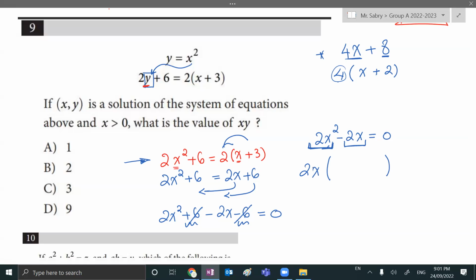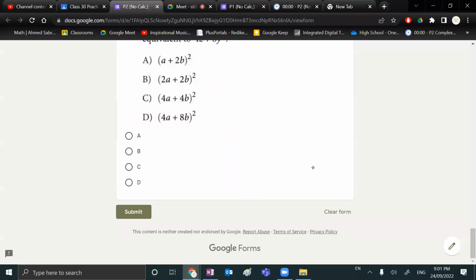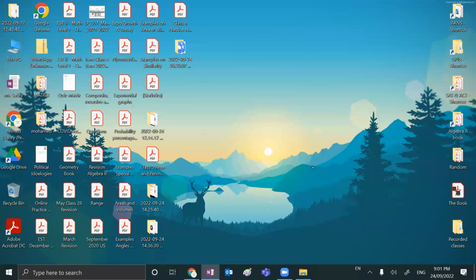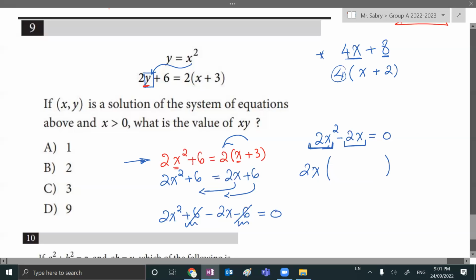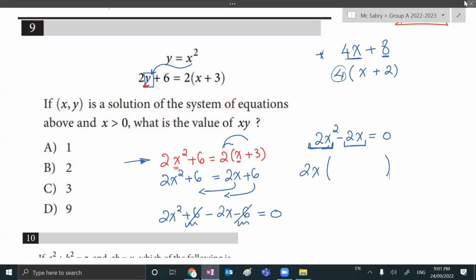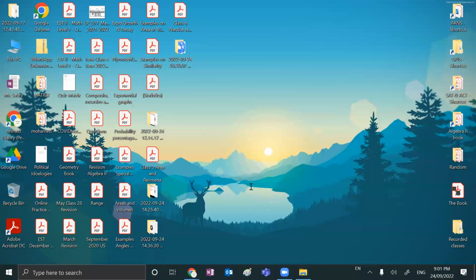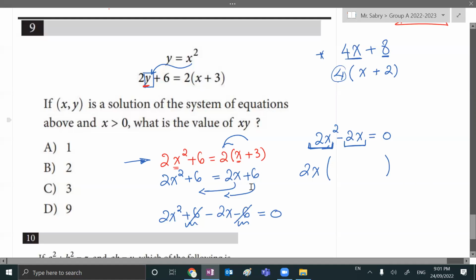Then 2x divided by 2x equals what? 0 or 1? 1 actually. Anything divided by itself is 1, and that's how I got the x minus 1.